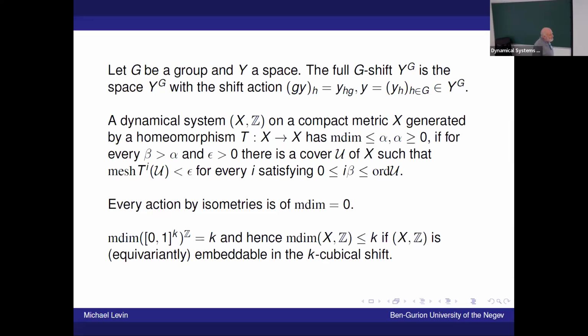And again, from the definition it is quite obvious that if you have a subshift of a cubical shift, or an invariant subset in a dynamical system, then the mean dimension of that space will be bounded by the dimension of the space. So we immediately get that the mean dimension of any space which is equivariantly embeddable into a cubical shift is at most K.